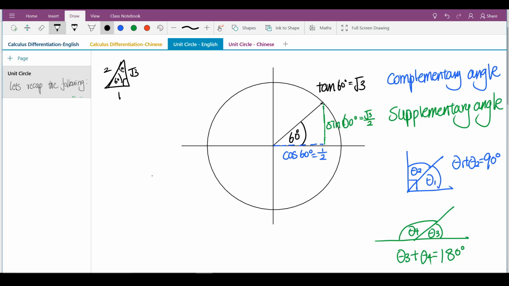this particular angle that we're looking for is beyond the first quadrant? We don't always have a nice number like this within the first quadrant, because we know everything inside the first quadrant is positive.